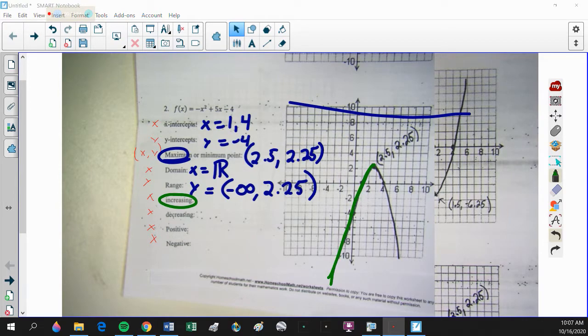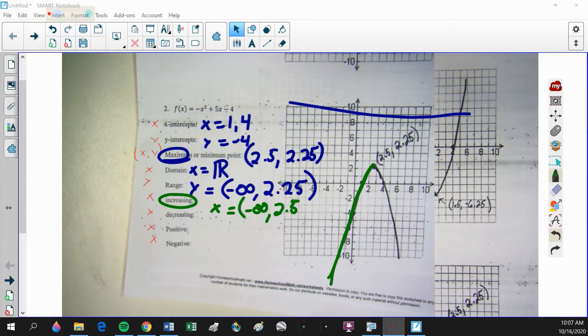Okay. When is that? Now, good, it's from negative infinity to 2.5. But remember, these are x values, not y values. So we're not looking at the bottom of the graph. We're going from the left side up to 2.5. So we write x equals negative infinity to 2.5.